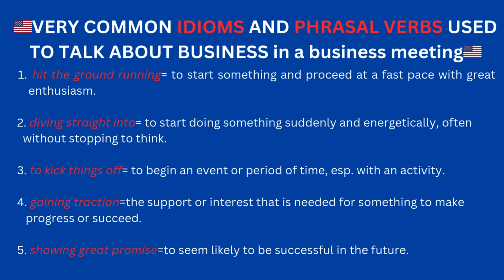And number five is showing great promise, is something that would seem likely to be successful in the future. So, for example, a new employee or intern is showing great promise. They're starting out and showing signs that they are likely to be successful and really beneficial in the future for this company or whatever they may be invested in.